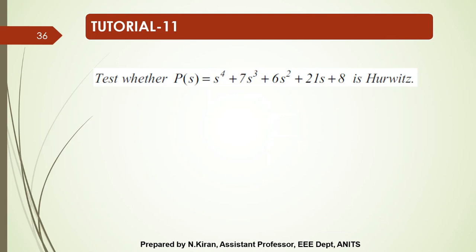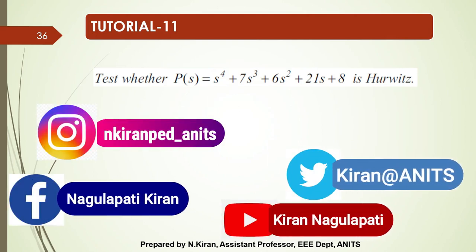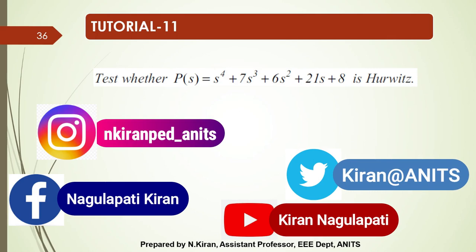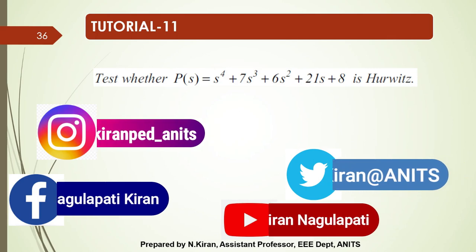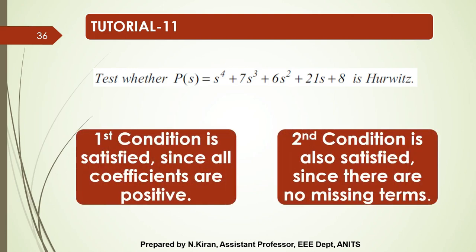The next tutorial: s power 4 plus 7s cube plus 6s square plus 21s plus 8. Here the highest degree is an even term, so first we'll write the coefficients of the even terms, then the coefficients of the odd terms.